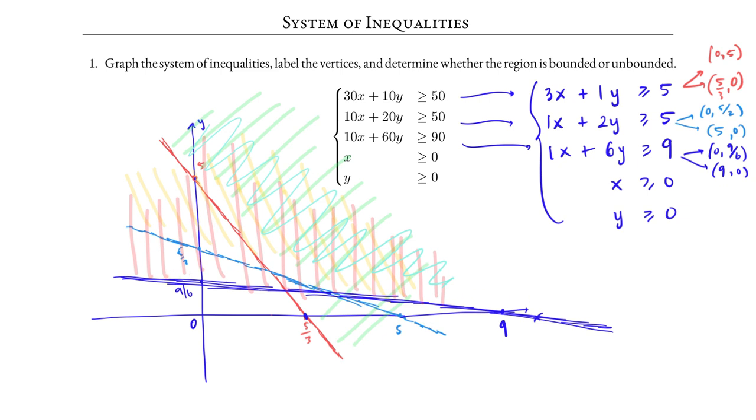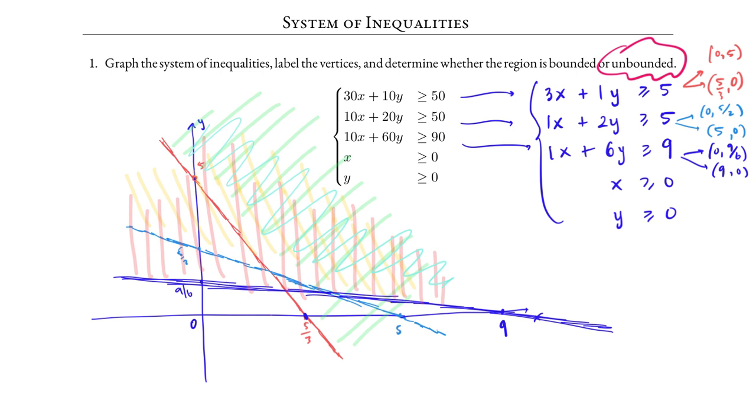Every time we shade a region, we shade it above the lines. And in the first quadrant, this solution region is unbounded because it keeps going up indefinitely. And so again, this is an unbounded region.